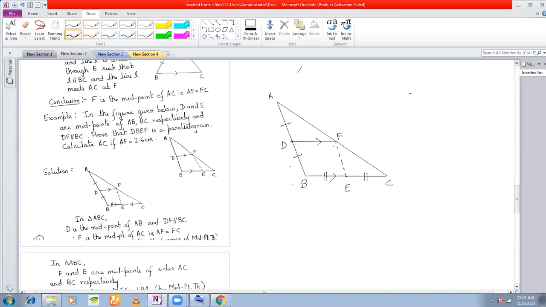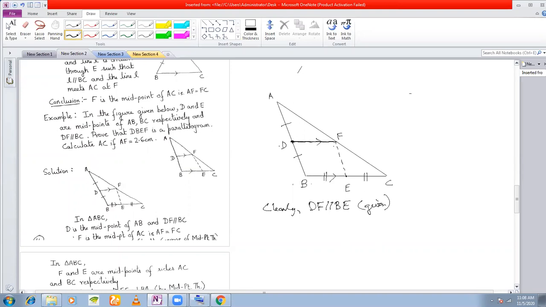Now look at this very carefully. You see this D. D is the midpoint, right? Let me write first clearly. DF is parallel to BC. This is given. And you see that D is the midpoint of AB. Now from D, we are drawing a straight line DF, which is parallel.